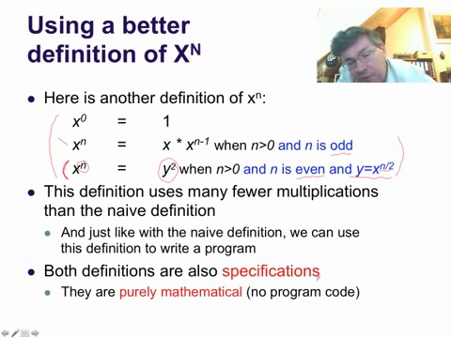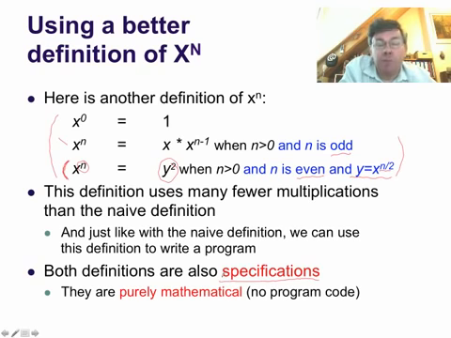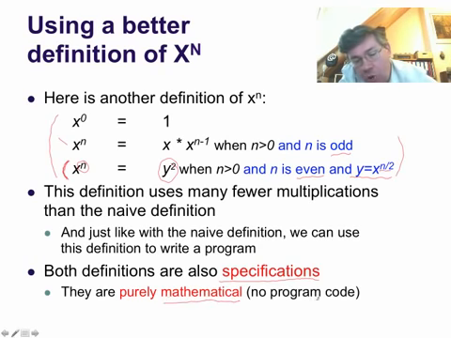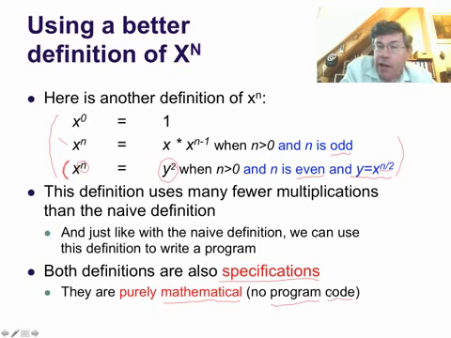Notice that both of these definitions are called specifications of the power function. Specifications because they are purely mathematical. They have no program code in any programming language. They give a purely mathematical definition of what we want to calculate.